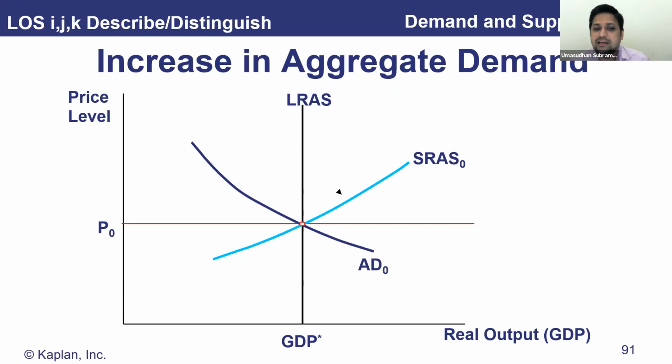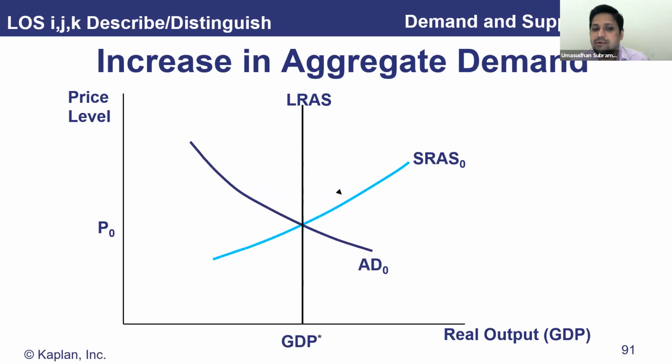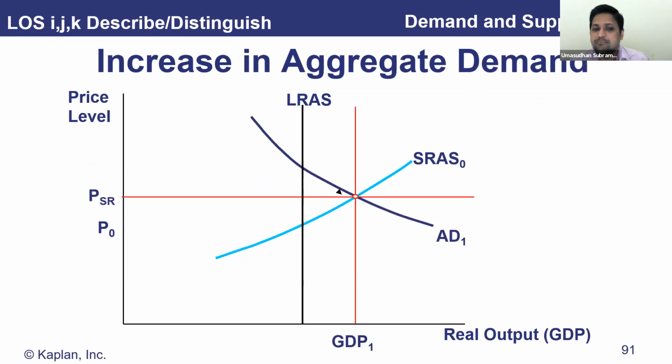Now what happens here? Your aggregate demand is increasing. See what happens? Your aggregate demand increases, so your demand curve shifts to the right. Then what happens? Are you above the full employment GDP or below it? You're above.